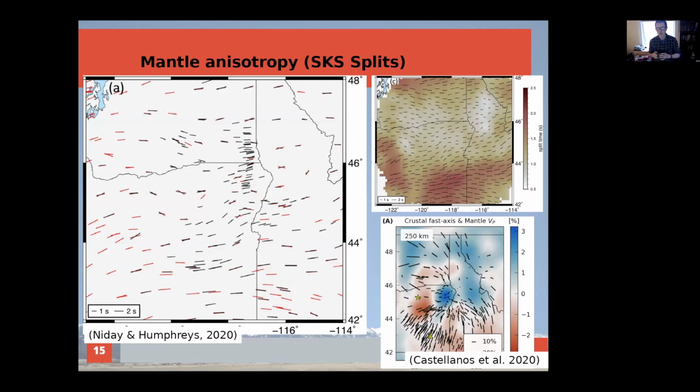So this looks like corner flow associated with the subducting Farallon or subducting Juan de Fuca plate. And it really doesn't seem to care about the structures that I showed you here. So you'd expect there to be some sort of anomaly here, and maybe there's a little bit of a bend, but for the most part, the mantle doesn't seem to care about the mantle. Only the crust cares about the mantle.